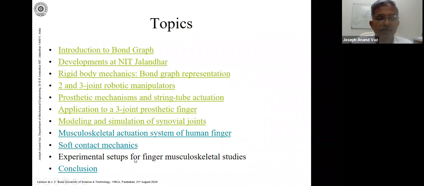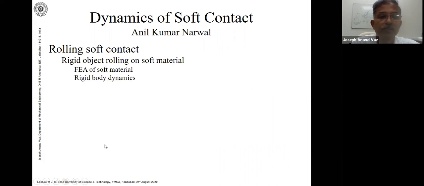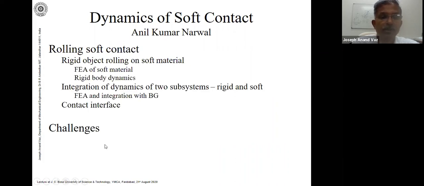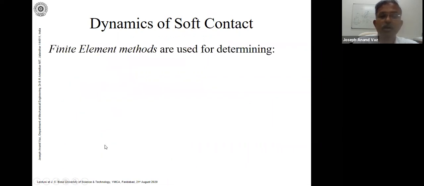There are a number of other things which I wanted to show you. I'll show you something about soft contact dynamics. One of my scholars' work, where we have discretized the soft material as finite element and integrated it with bond graph.